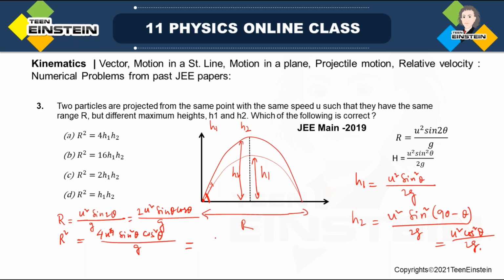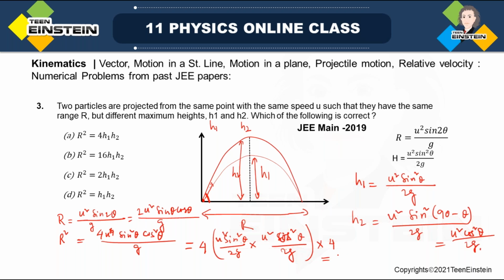So look, I'm writing u square sine square theta by 2g, and again another, sorry, u square cos square theta by 2g. So this 4 was there already, and what extra have I written? I have written extra u to the power 4, sine square theta, cos square theta. What extra have I written? I have written 1 by 4 extra. So I just multiply by 4 so that this 2 will get cancelled with this 4.